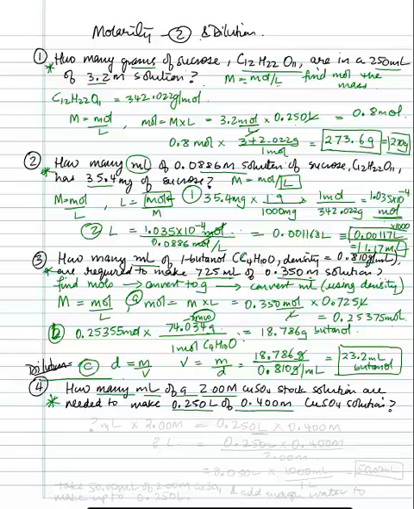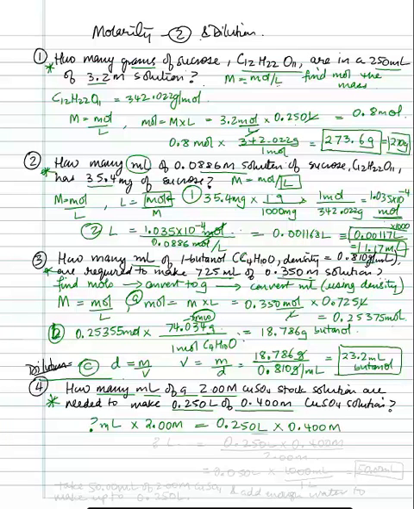So how many milliliters of a 2.00 molar solution of copper sulfate are required to make 0.250 liters of 0.400 molar copper sulfate solution?